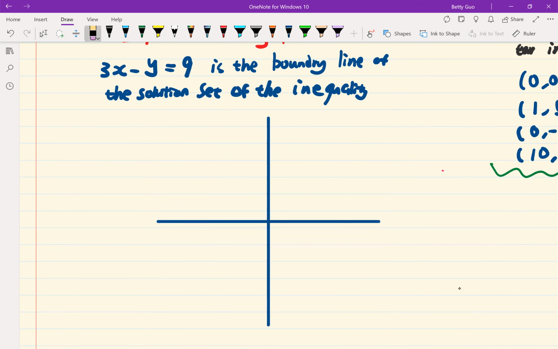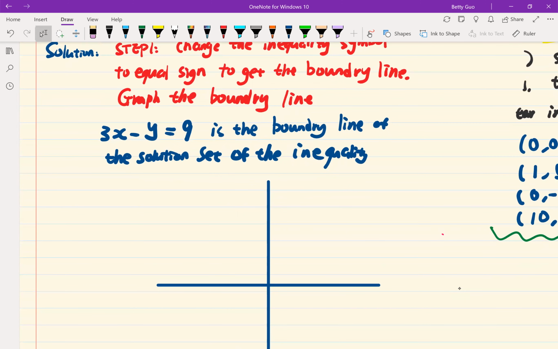All right. Let's see how do we graph 3x minus y equals 9. How do we graph this boundary line? Tell me what's the form of the equation of the line? Standard form, okay. Do you guys remember if the equation is in the standard form, most of the time it's very convenient for us to find the x-intercept and the y-intercept?